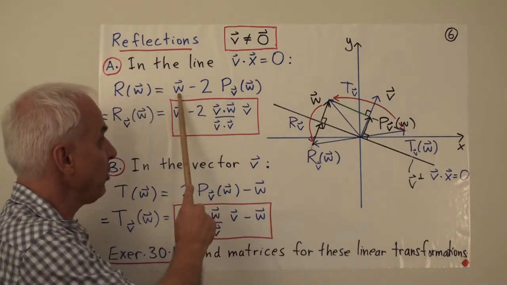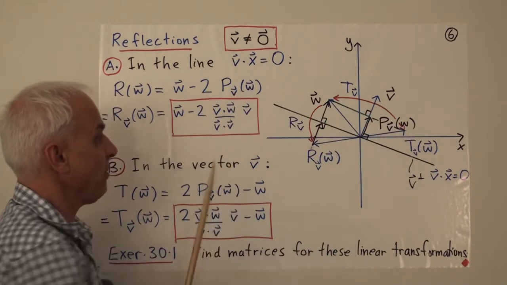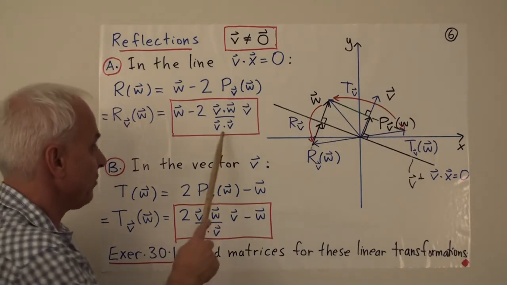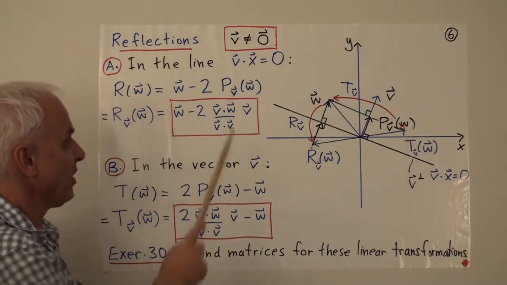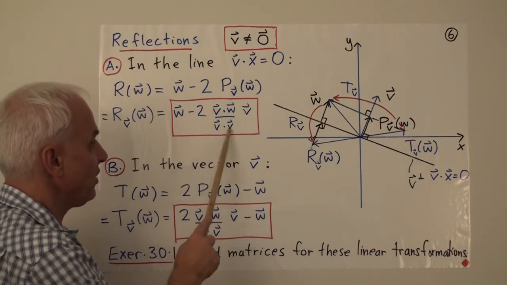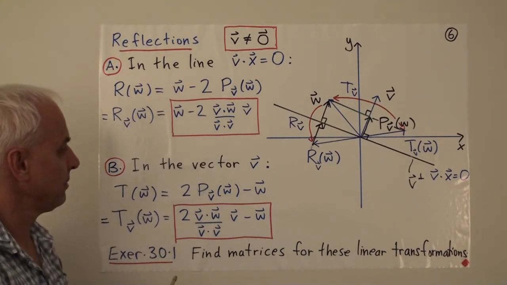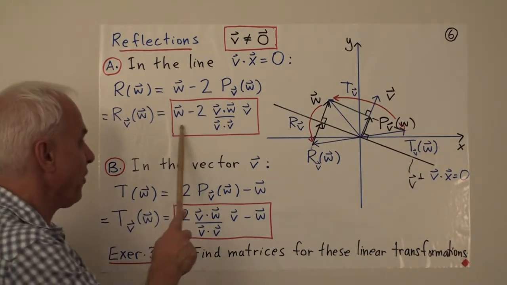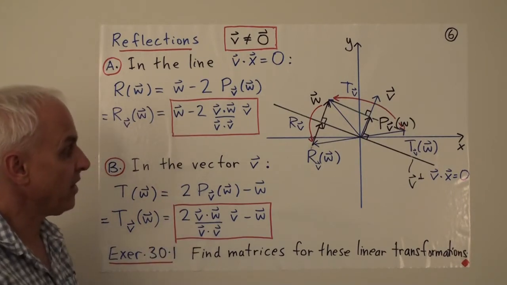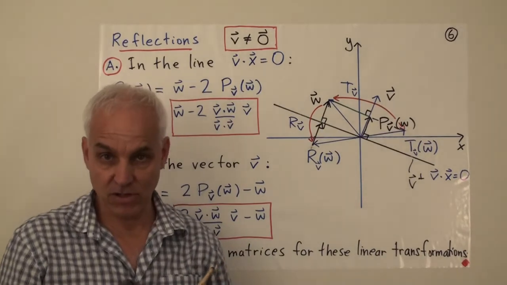That's the meaning. w minus 2 times the projection onto v of w. And now, just to be specific, I'll remind you what the projection is. The projection of w onto v is v dot w over v dot v times v. So this is a very important formula here. It's the reflection of the vector w in the line v perp, the line that's perpendicular to the vector v.